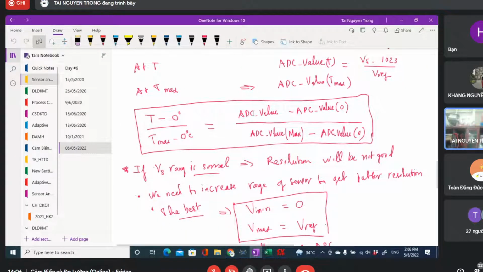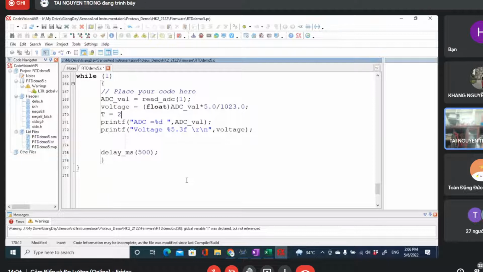Okay, and in this case we will take a calculation G and G mass equal to 200 multiply by IDC value minus 572.